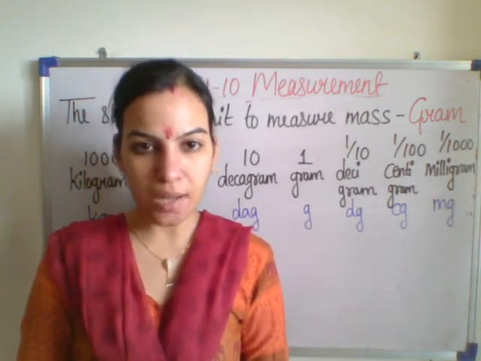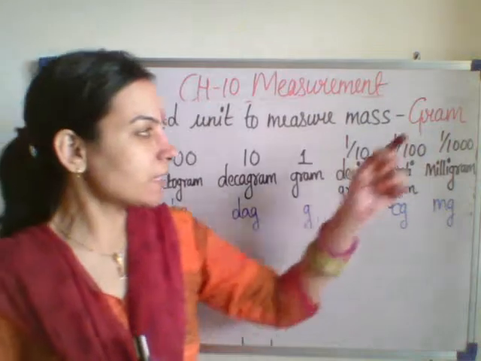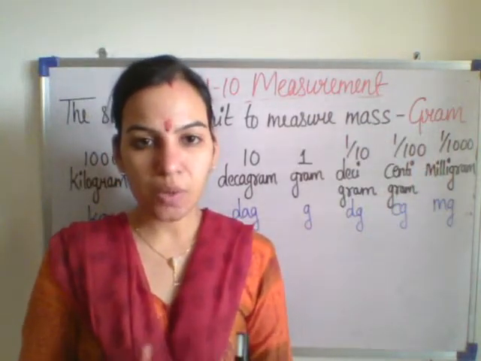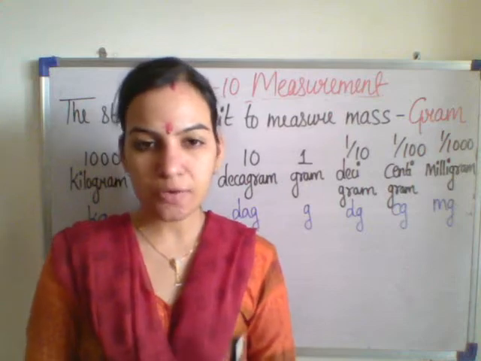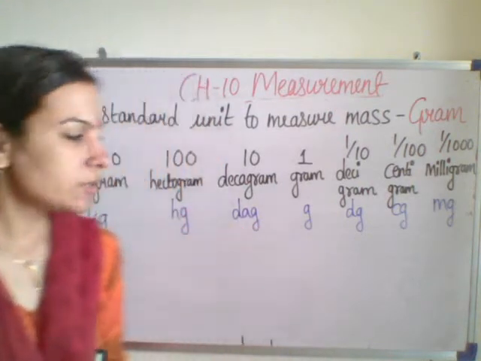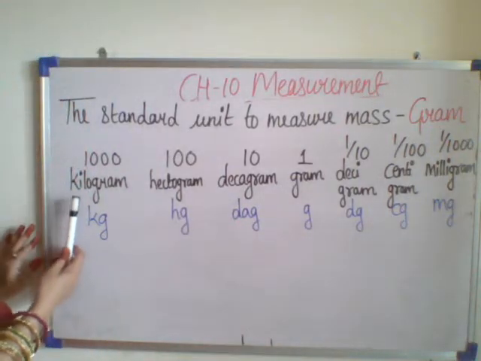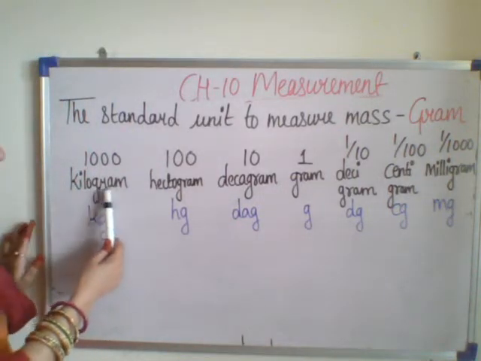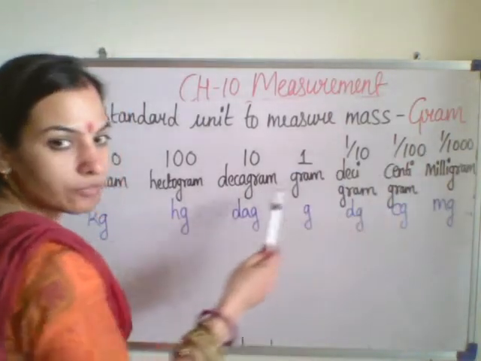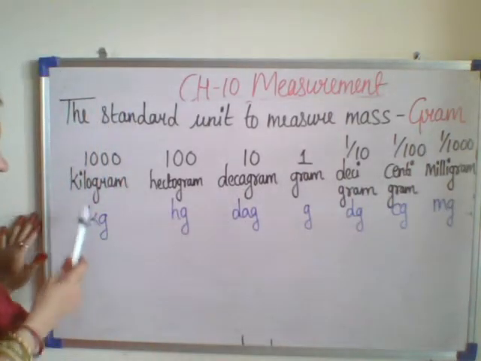It is gram. Now the standard units are not enough when we want to measure certain quantities, because certain quantities are very large and certain quantities are very small. So we have these units. In this also the prefix will be gram in every one of the standard units.